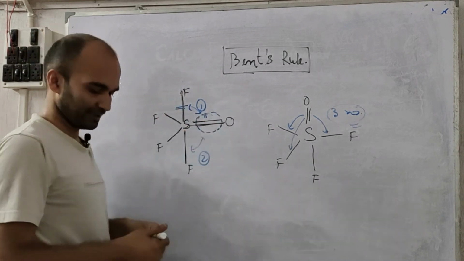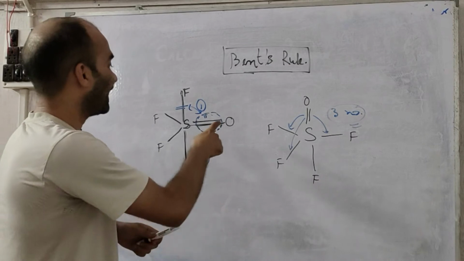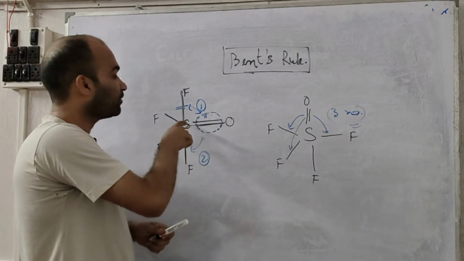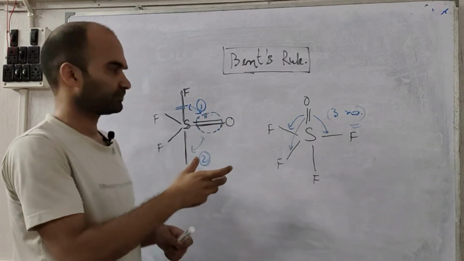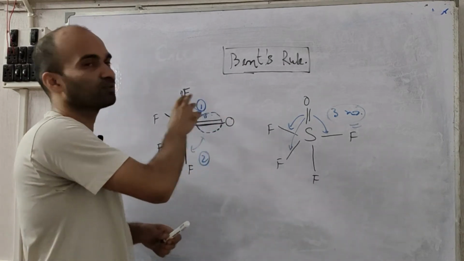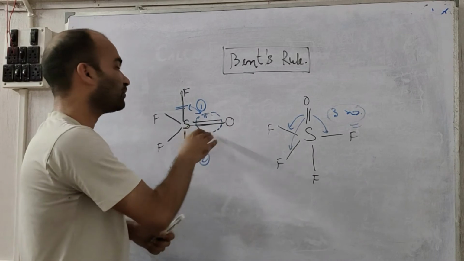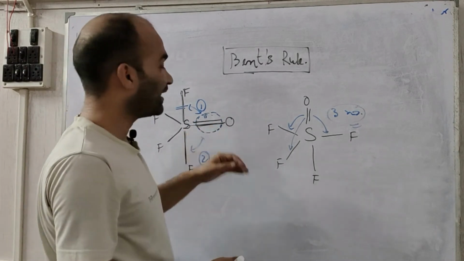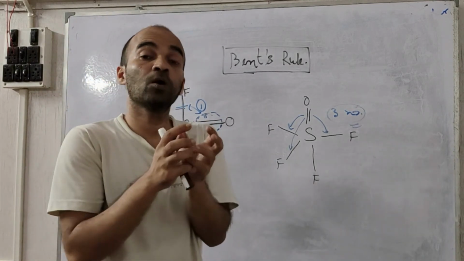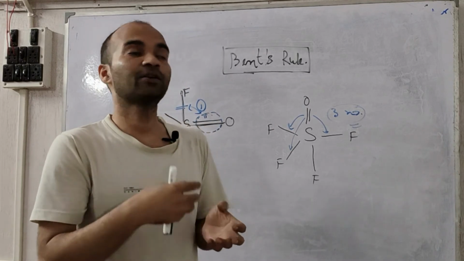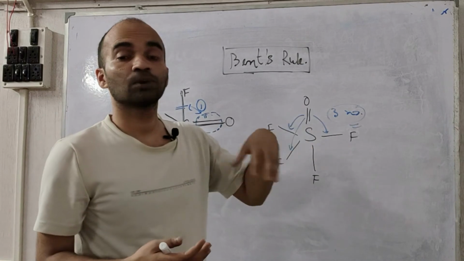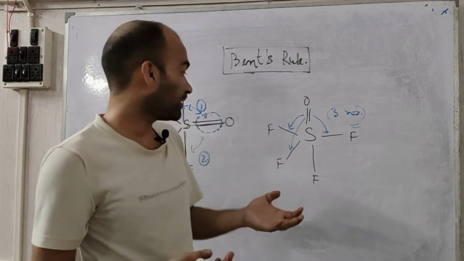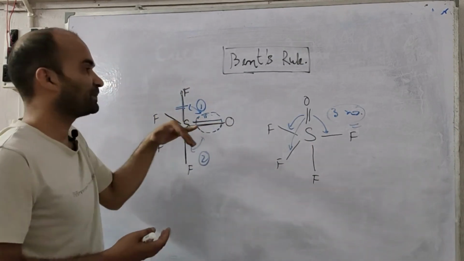It is because oxygen has formed a pi bond, so there is more electron density surrounding the oxygen atom. That is why it also satisfies Bent's rule: where there is more electron density, it will always favor more s character. That is why it resides on the sp2 plane.